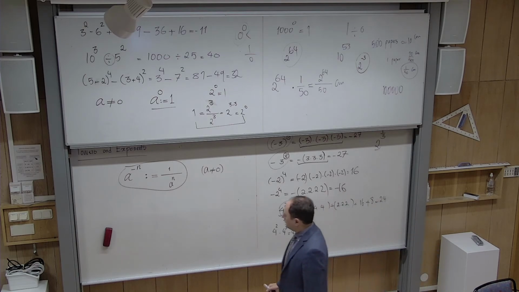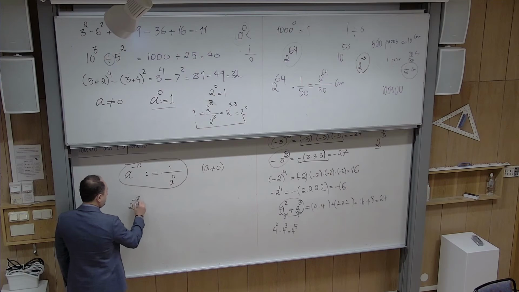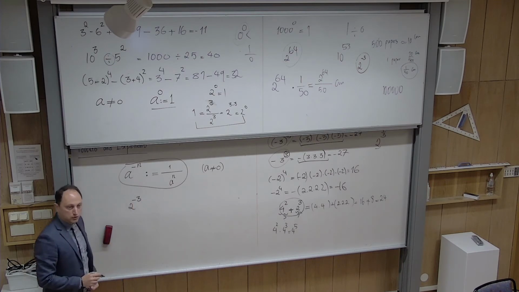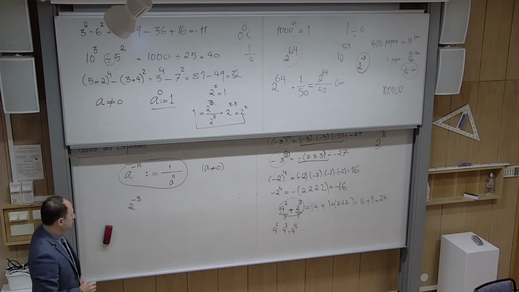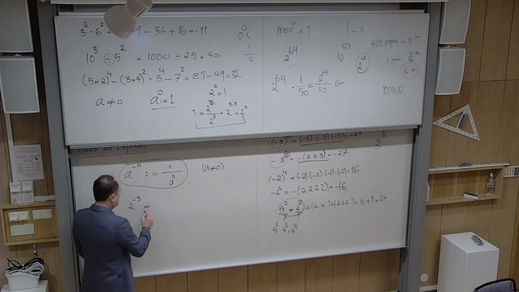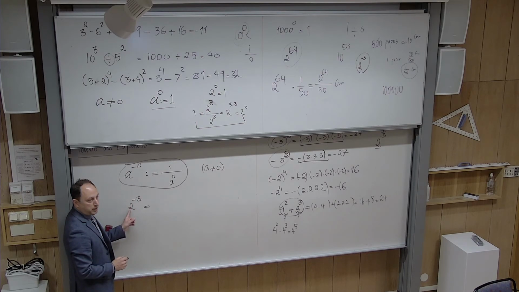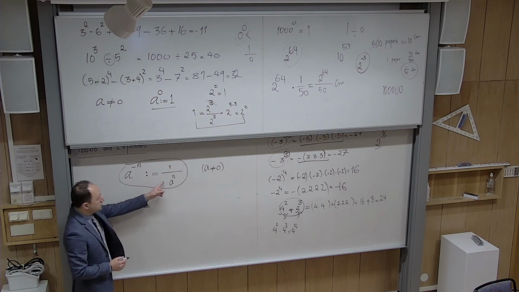So for example, if I ask you what is 2 to the minus 3, you can use GeoGebra or a calculator to see this. But how they calculate it is like this. They see 2 to a negative exponent. We cannot say 2 multiplied by itself minus 3 times, it doesn't make sense. What makes sense is to use this definition.